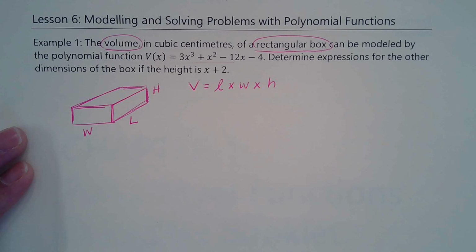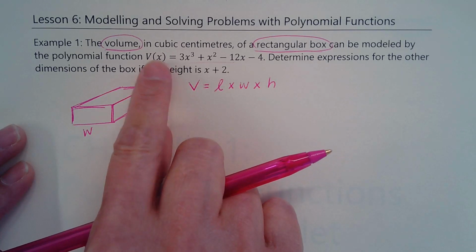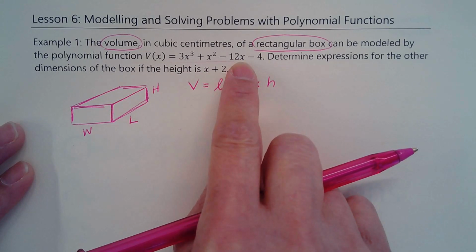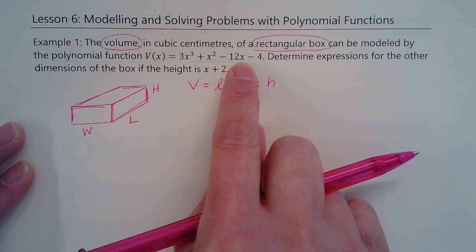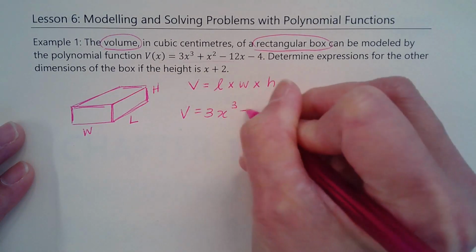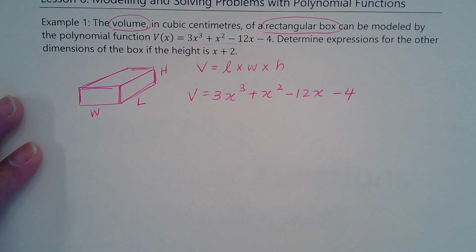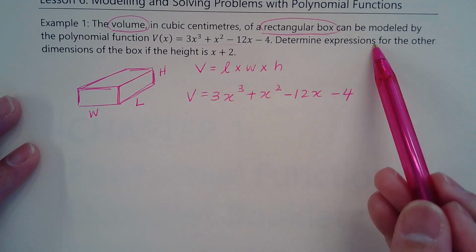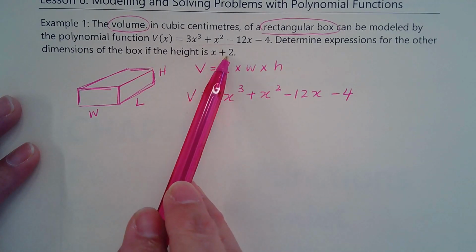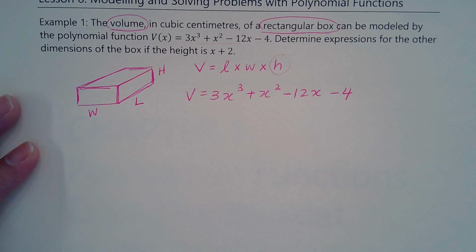Now they're saying that the volume is modeled by this polynomial, 3x cubed plus x squared minus 12x minus 4. Determine the expression for the other dimensions if the height is x plus 2. That tells us the height is x plus 2.